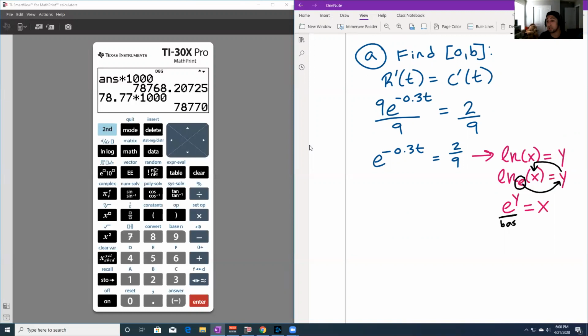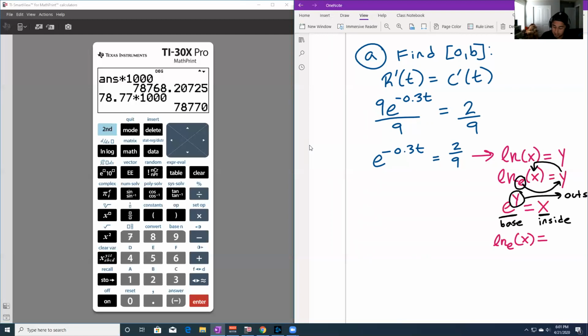So when I convert this back to a natural log, this becomes natural log base e of, and this number, x, will go inside the log. So you get natural log base e of x equal to, and this y value is going to go outside.